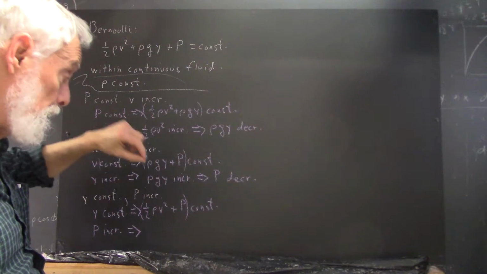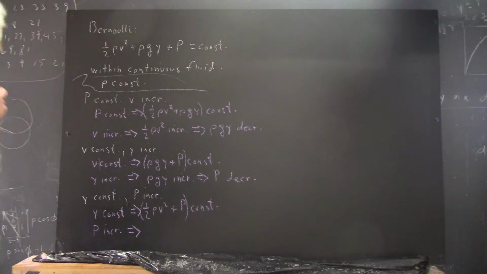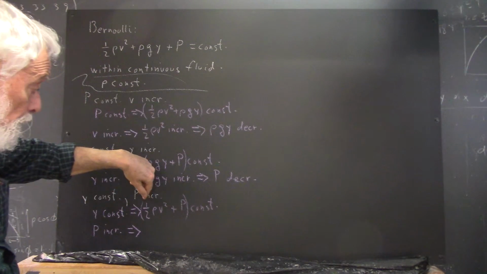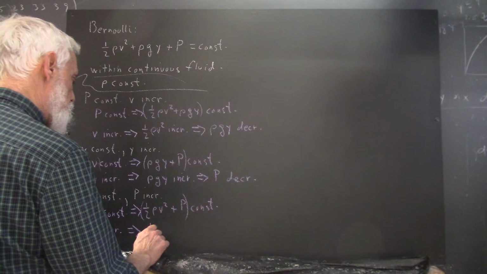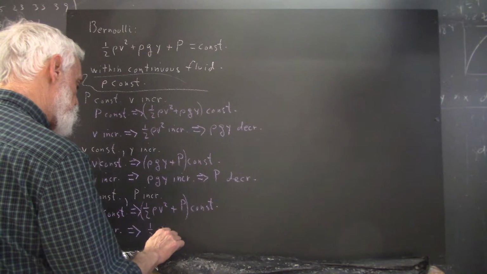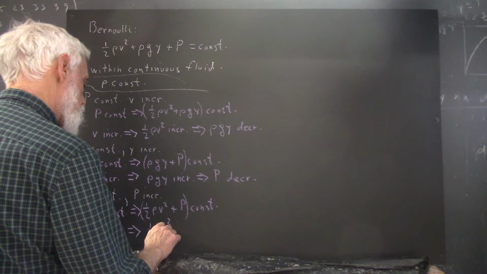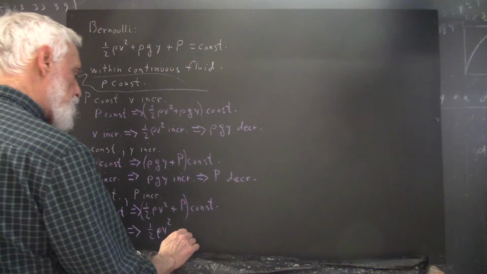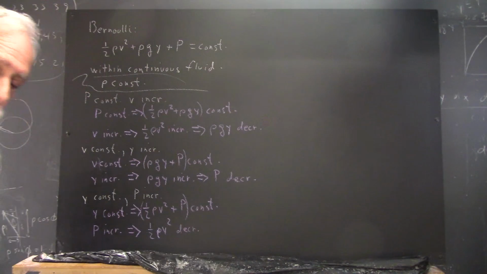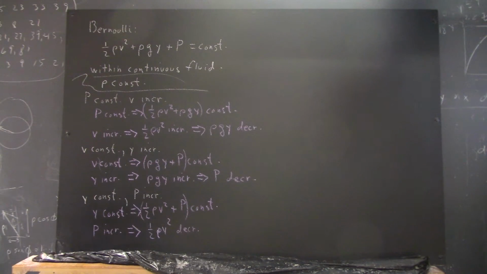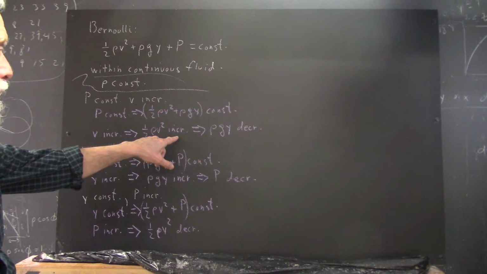The sum has to remain constant, so that this 1/2 rho v squared has to decrease.